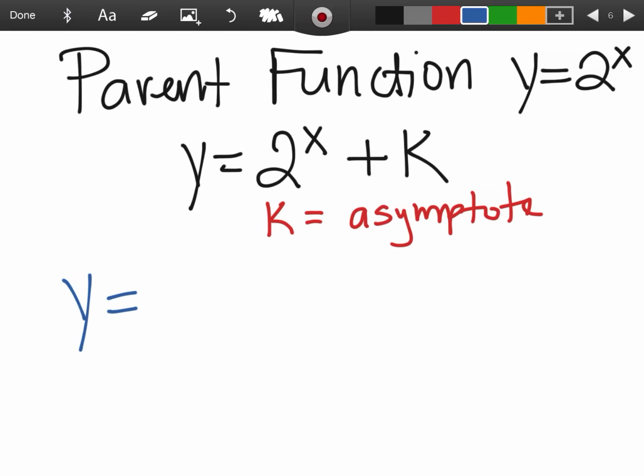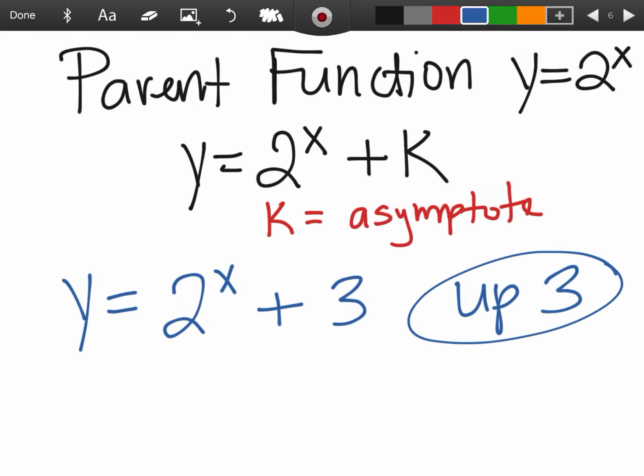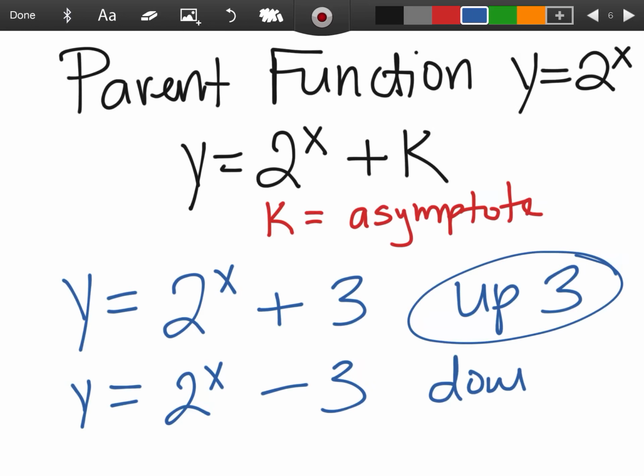All right, so y equals 2 to the x, sorry, not 2 times x. Let's say plus 3. That's a shift up 3 units. Okay, y equals 2 to the x minus 3. That's down 3 units.